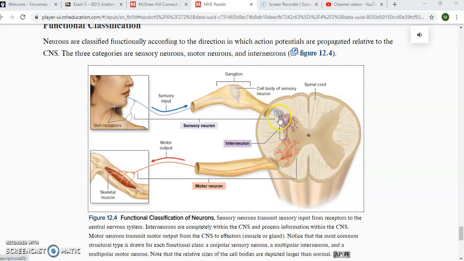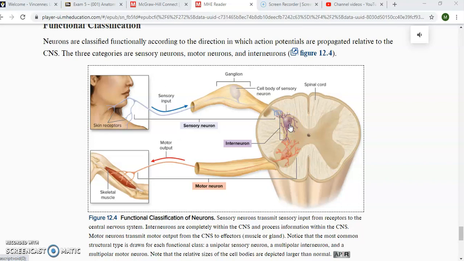And then it'll go and form a synapse and communicate with another neuron that's just located in the central nervous system. In this case, this one's located in the spinal cord, but this could be the brain too. So this little interneuron is going to be just in the CNS, and its function is to collect information from sensory neurons and then relay that information to motor neurons.